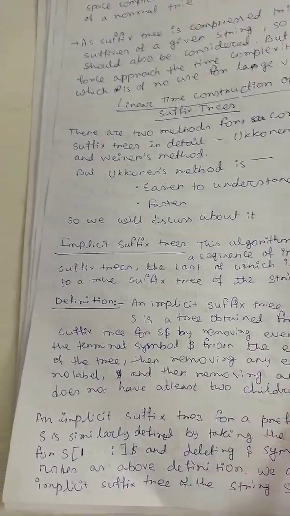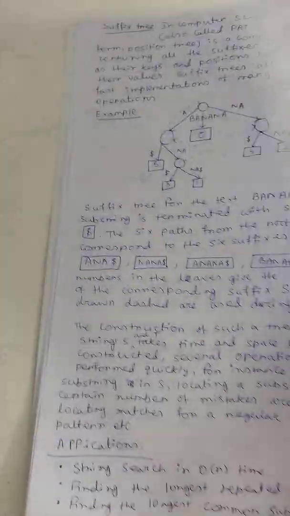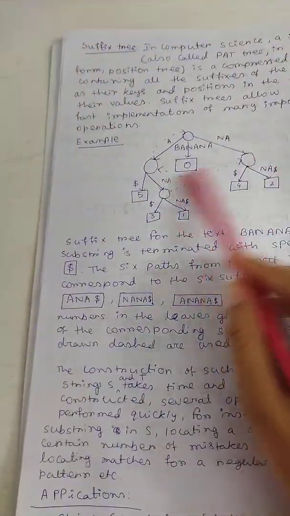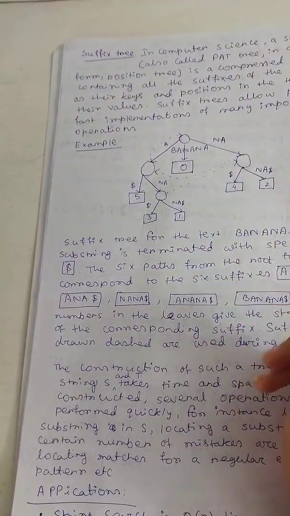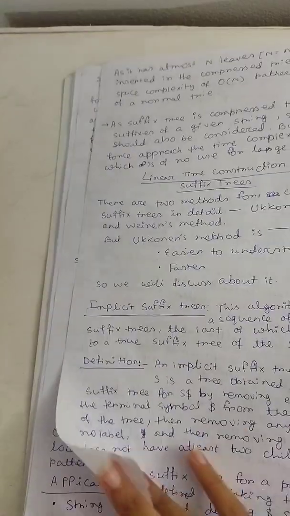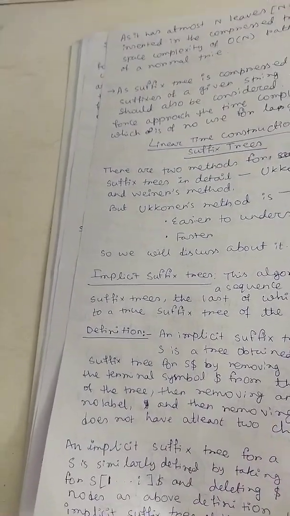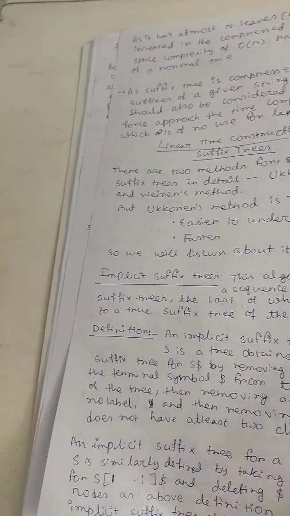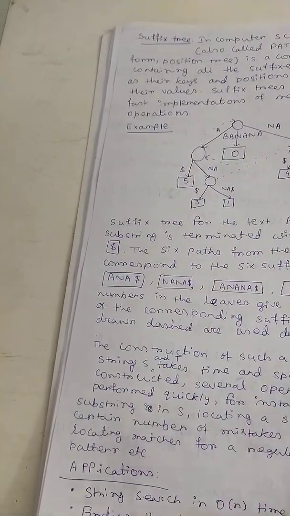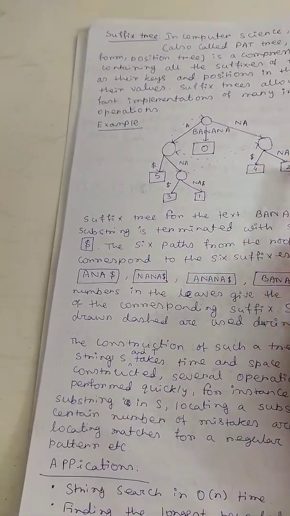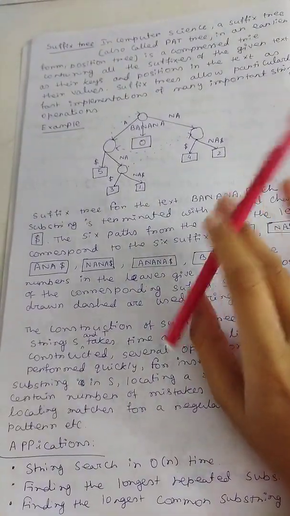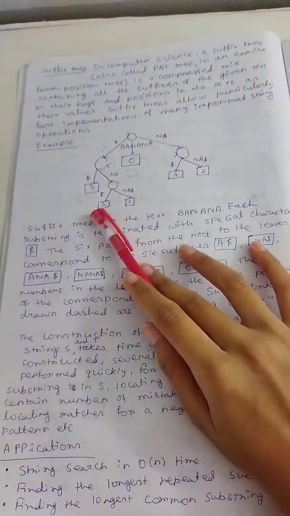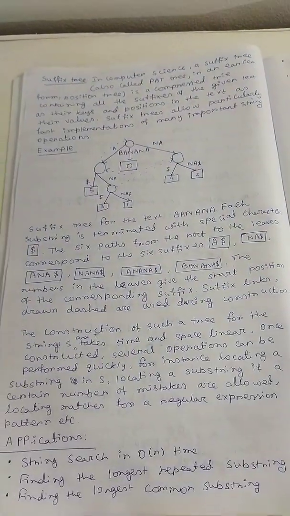Then it will remove any edge that has no label. And after that, it will remove any node that doesn't have at least two children. For example, this node doesn't have two children, so we are going to eliminate it.